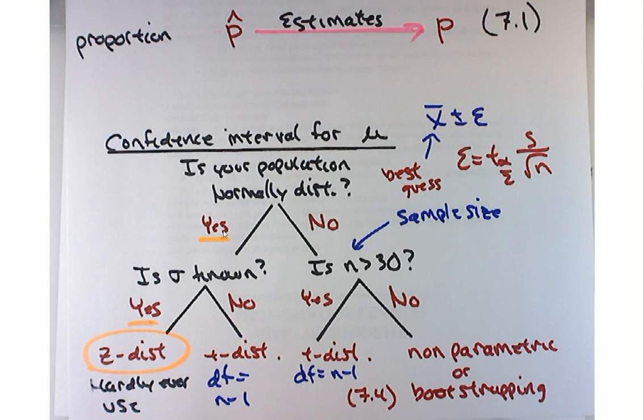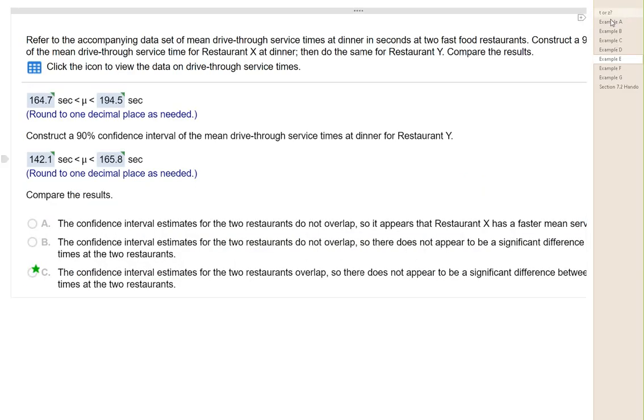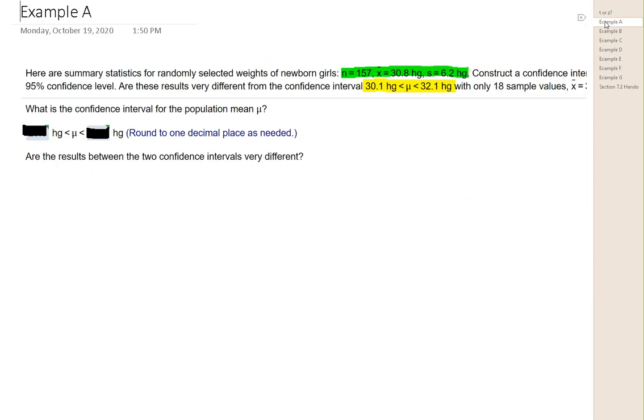Let's actually practice some examples. So let's see, statistics, section 7.1, example A. Here are summary statistics for randomly selected weights of newborn girls. Now, I like to start these problems by writing down the things that I think I'll need.